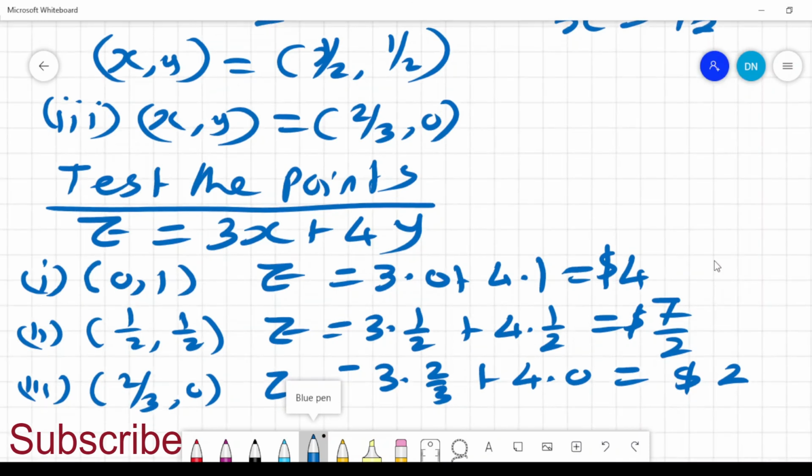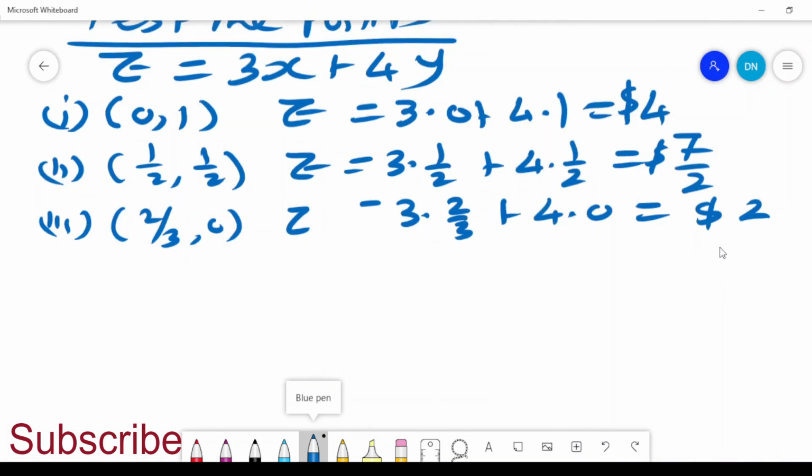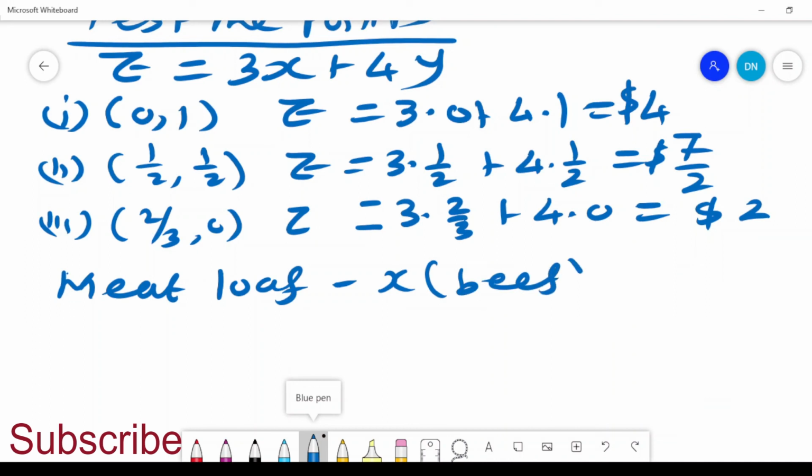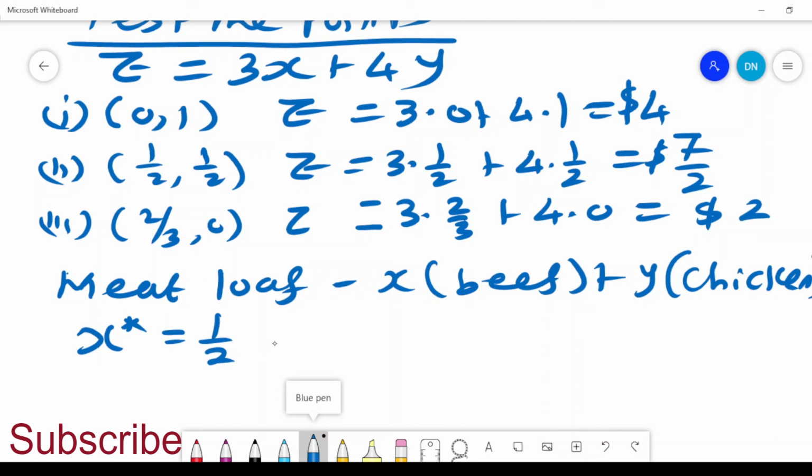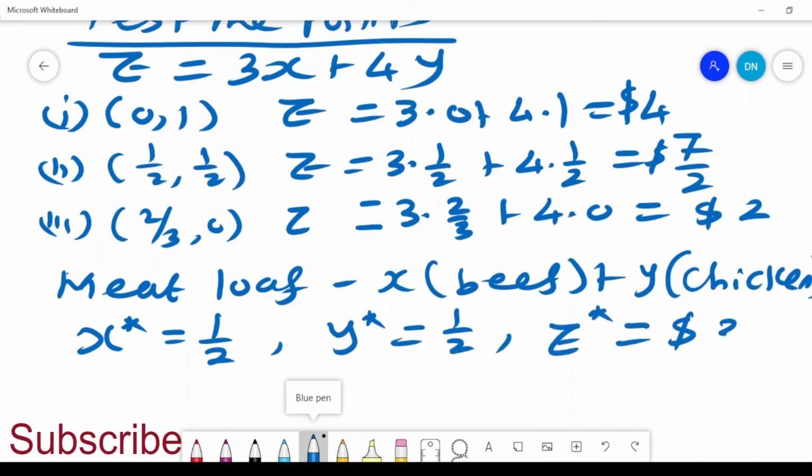Therefore, we find that the cheapest would be $2. But now, the meatloaf will need both x, which is the beef, plus y, which is the chicken. And therefore, the beef will be equal to a half, and the chicken will also be equal to a half, and the z will be $3.5.